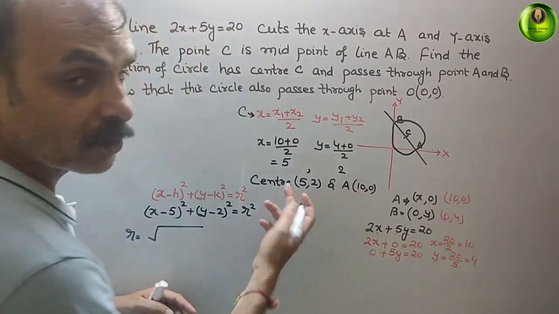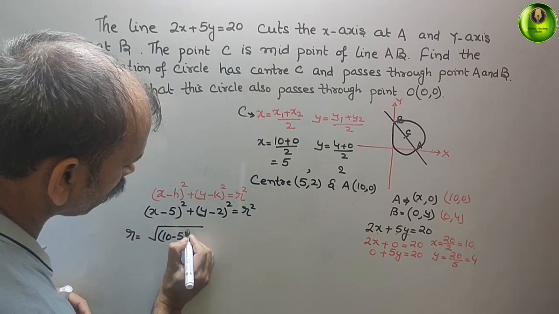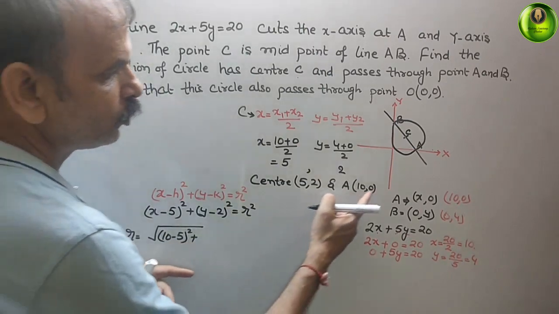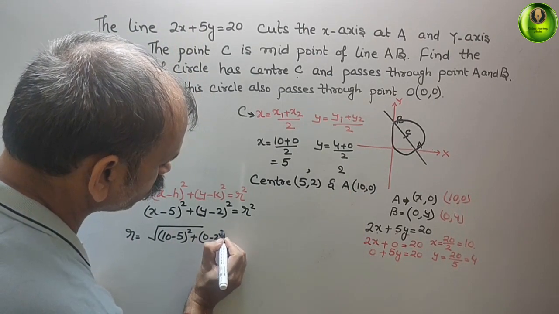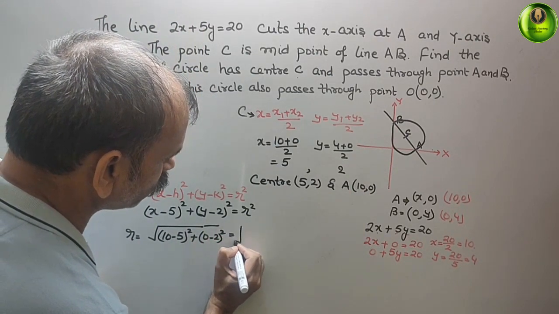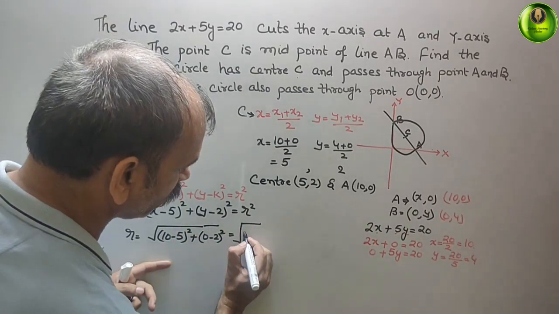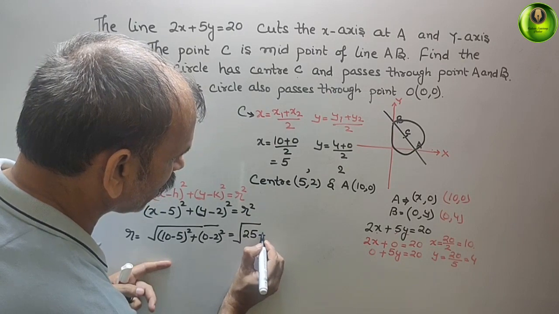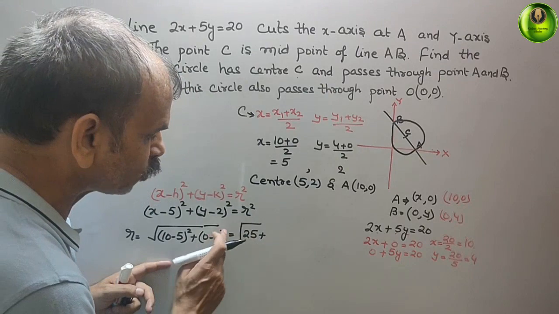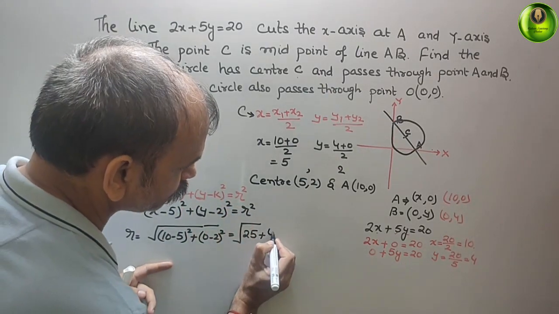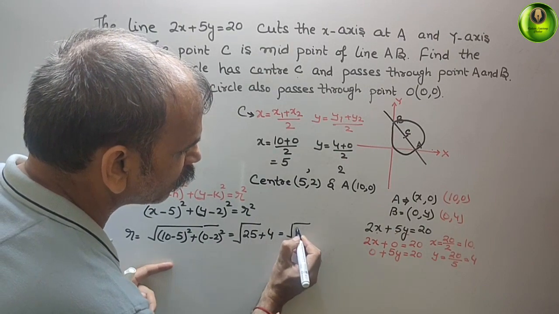That means (10 - 5) whole square plus (0 - 2) whole square, that is equal to root under: 10 minus 5 is 5, 5 square is 25, plus 0 minus 2 is minus 2, minus 2 square is 4. 25 plus 4 is root 29.